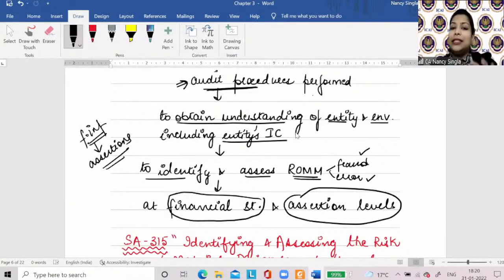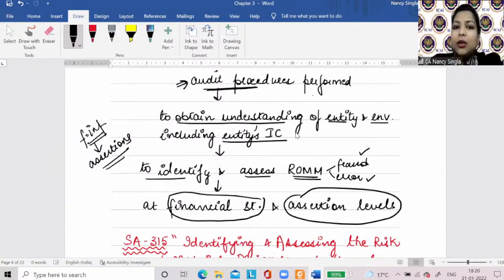Why? Because this financial statement is made up of various individual assertions. Okay? So when I as an auditor am giving an opinion on the financial statement as a whole, in order to do that, I have to check all the assertions.